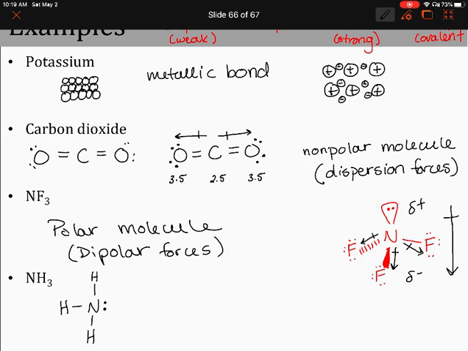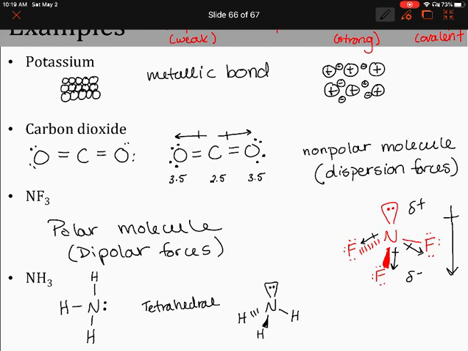So this is going to have a very similar shape, which is tetrahedral. So I'm just going to draw a very similar drawing from before. The lone pair is on top and the 3 hydrogens are on the bottom.